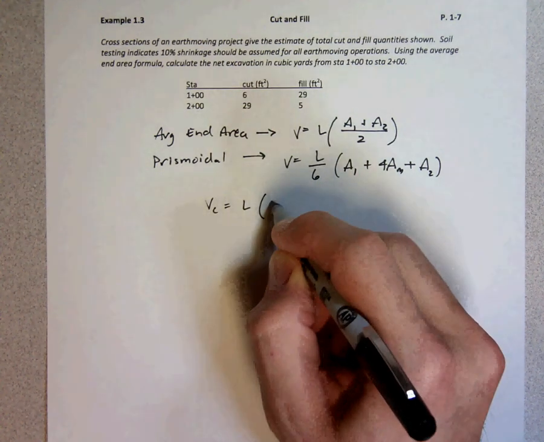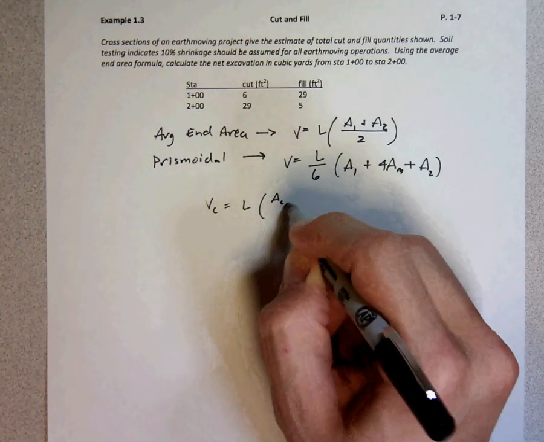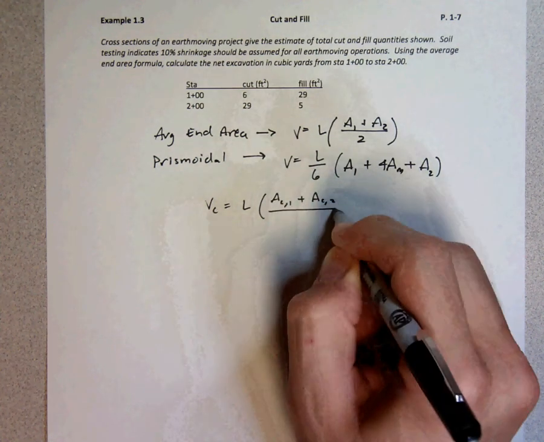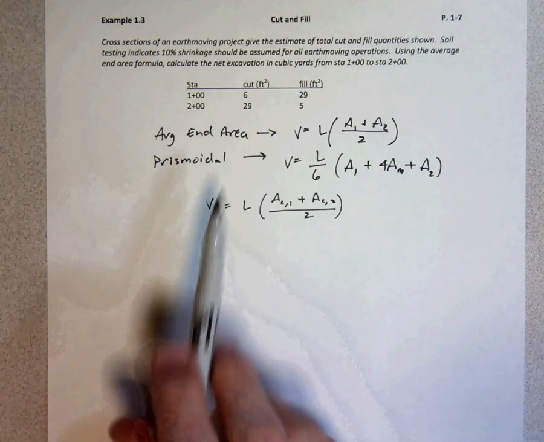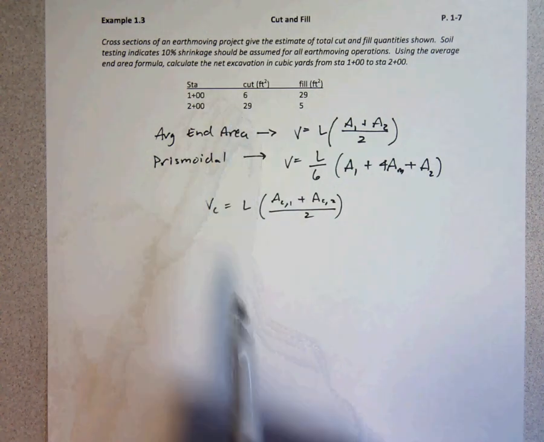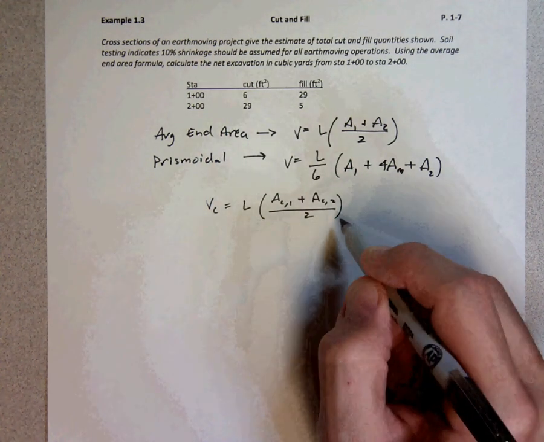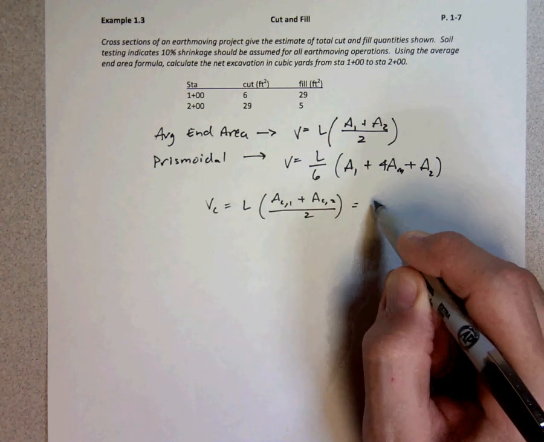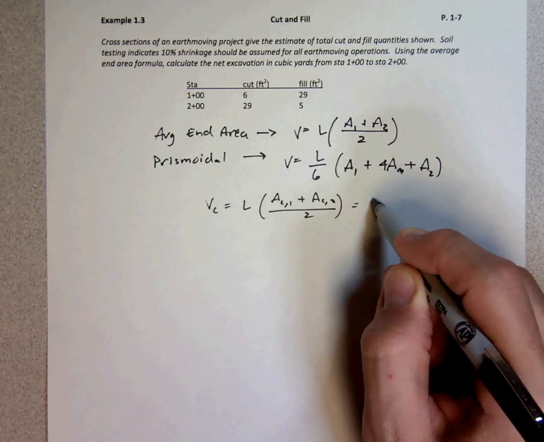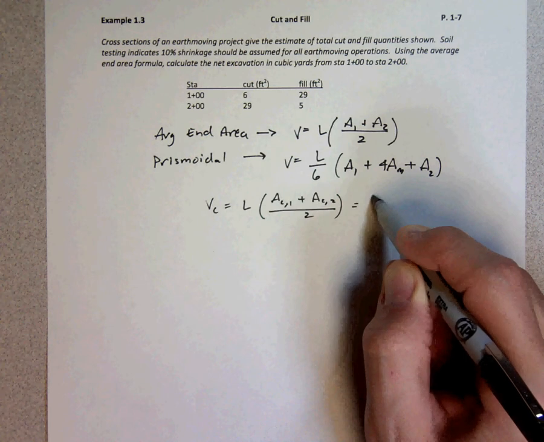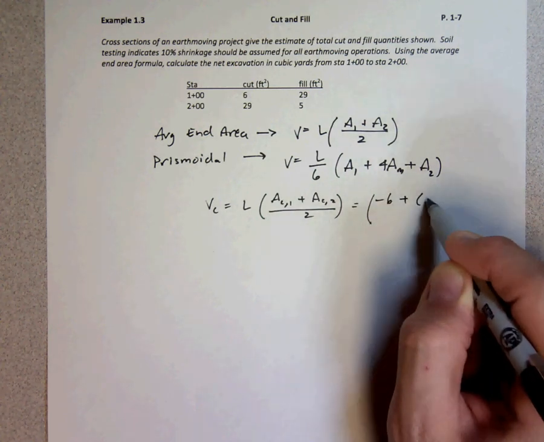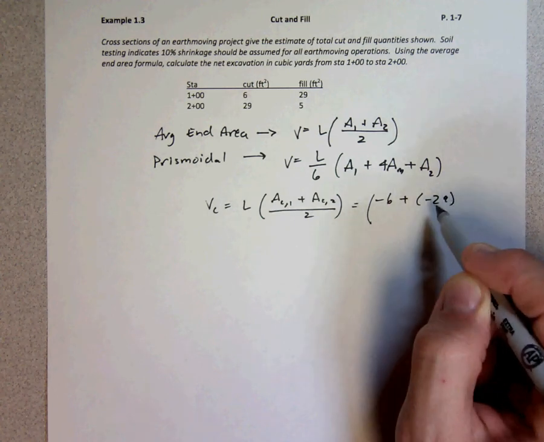Again, taking into account that first formula there. So these are given in the question. We're going to be taking away 6 at station 1. This is in square feet, so it's a two-dimensional amount. And then taking away 29 at the second.